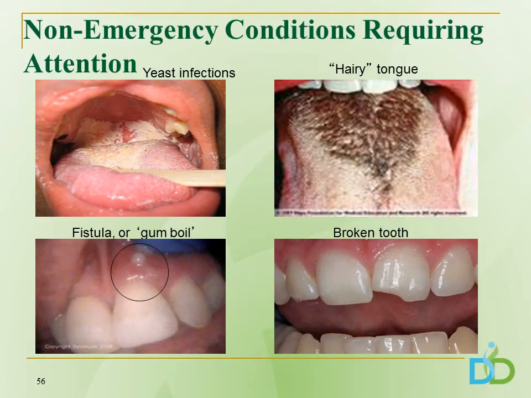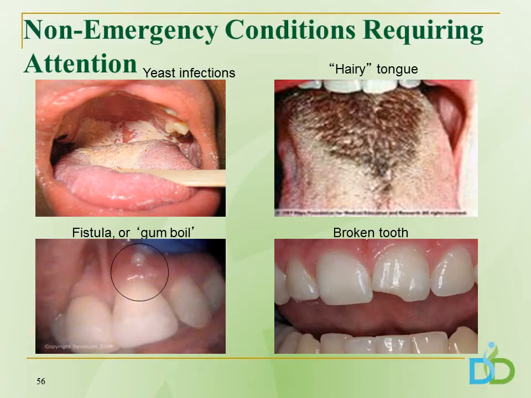If the pressure builds up and there's no draining occurring, then the patient might experience pain. Sometimes that draining of the pus causes a bad odor or taste in the person's mouth. This is why it's important to lift the lips, move the lips out of the way, so that you could see in that area and see if there's something that doesn't look normal.